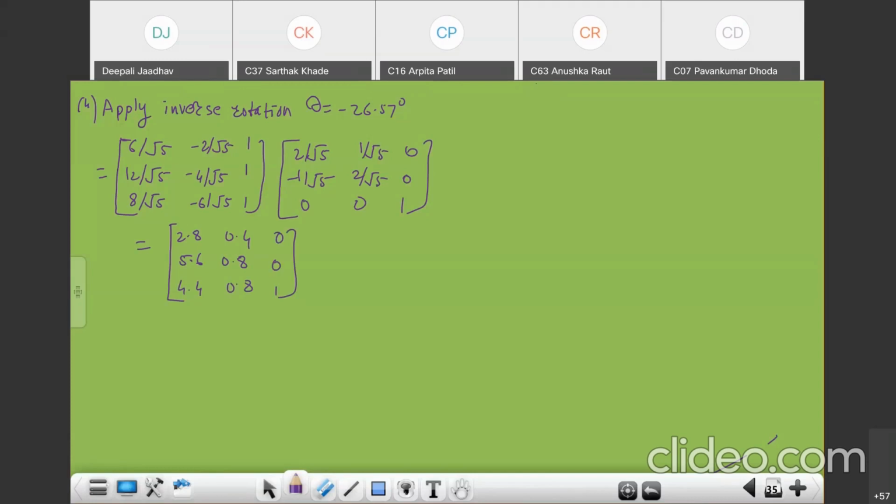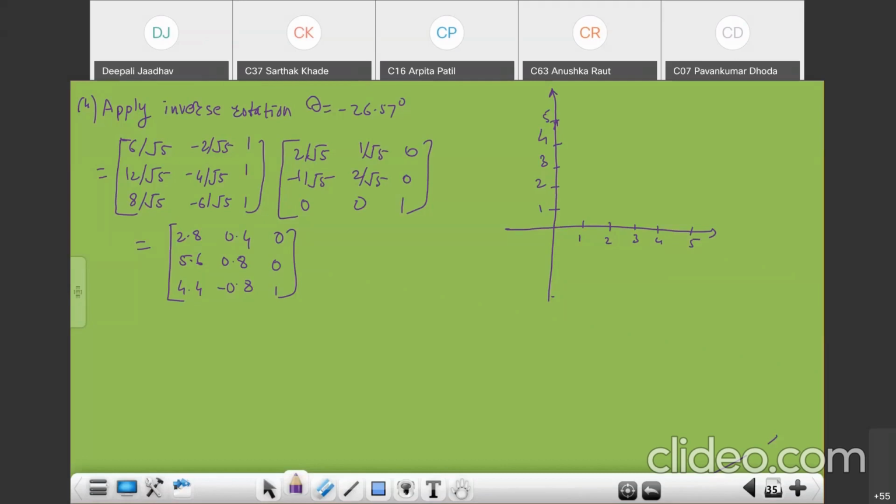Now I'm going to draw it here. The result: 2.8, it is minus 0.8.